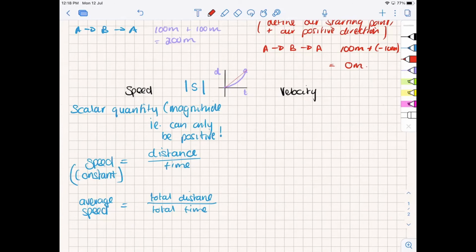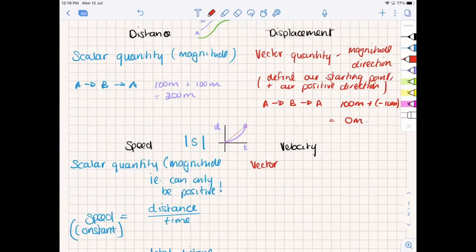It is indeed. Very importantly, velocity is the companion to speed, except instead of just having magnitude this time, just like with displacement, velocity has both magnitude and direction.